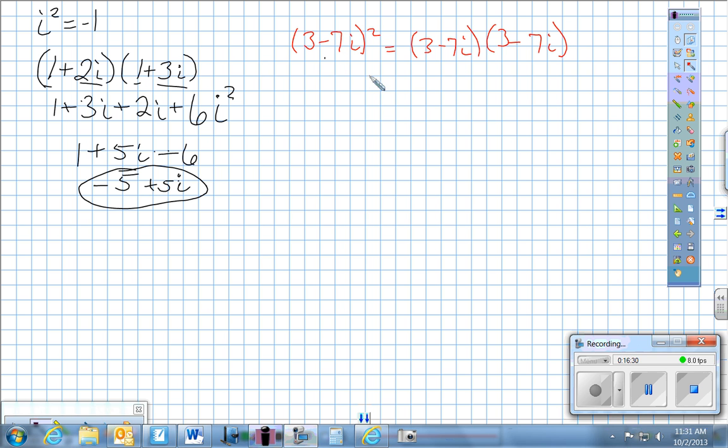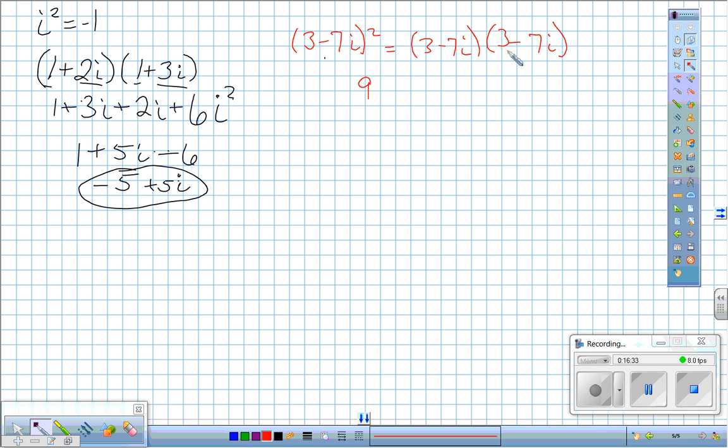So 3 times 3 is 9. 3 times negative 7i is negative 21i. Negative 7i times 3 is negative 21i. Negative 7i times negative 7i is positive 49i squared. Okay, so right here I can change my i squared to a negative 1. So that will really change this piece at the end to minus 49 because i squared equals negative 1.